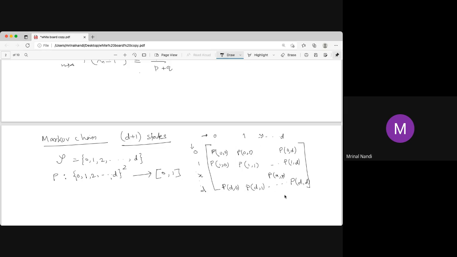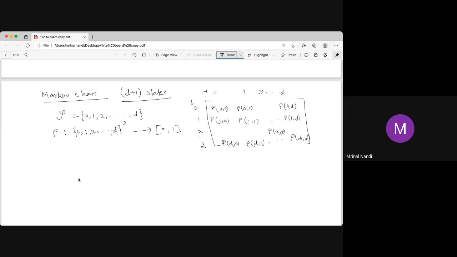Now this matrix gives the whole scenario. Once we know the transition function, we can find the joint and marginal distributions, because these are conditional probabilities. We also need an initial distribution, which is like a vector.